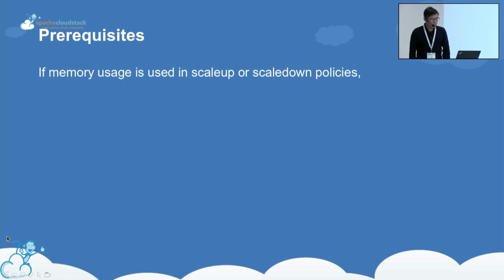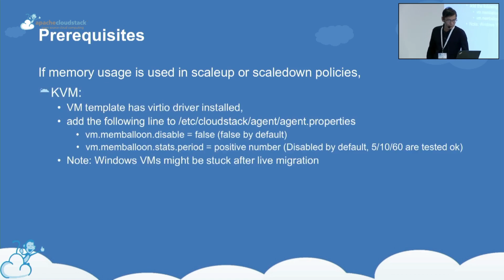Something we need to know, if memory usage is used in the scale up and the scale down policies. For KVM, the VM template must have the VirtIO driver installed. And we also need to add some configurations in the agent property to enable the memory statistics by VM memory ballooning.